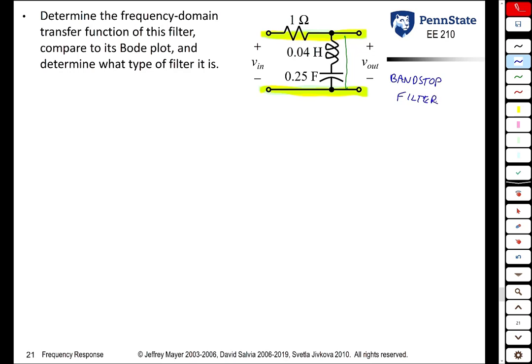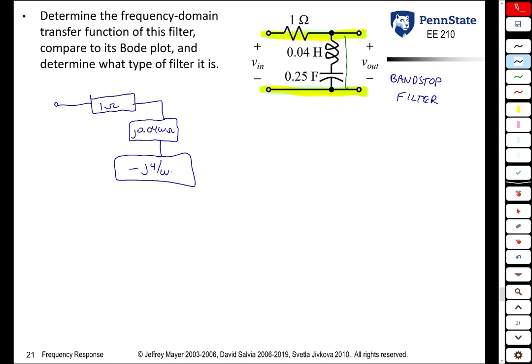Let's look at this mathematically. In the phasor domain, the resistor is a 1 ohm impedance. The inductor is an impedance of j0.04 omega. The capacitor is an impedance of minus j4 over omega. And we're measuring the voltage across the capacitor-inductor combination. From voltage division, what do we get?